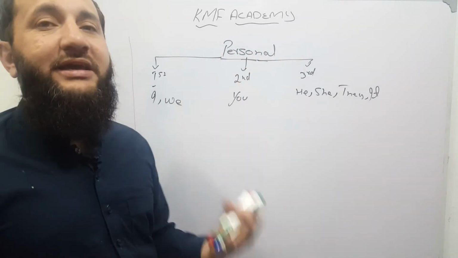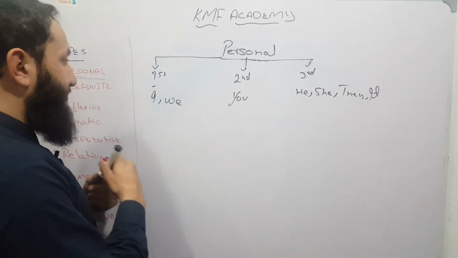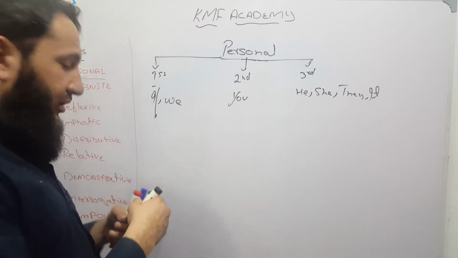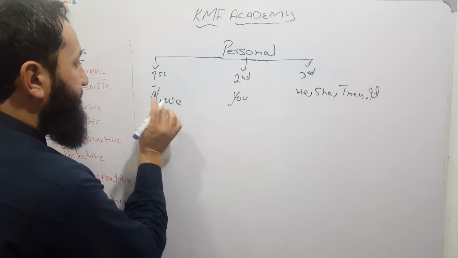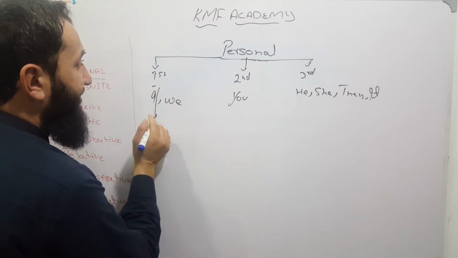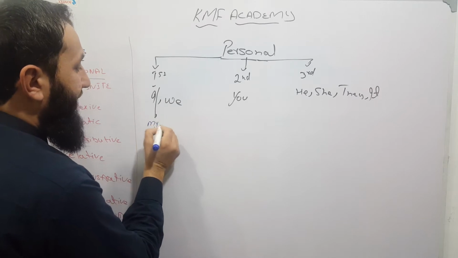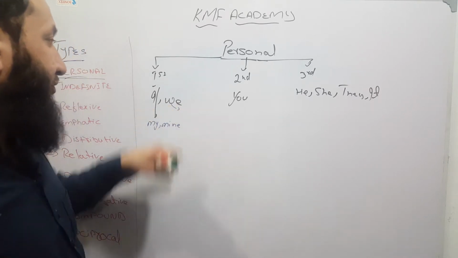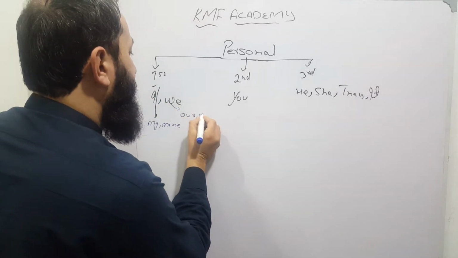It has many cases, like possessive cases. We have already discussed these cases, but it's just a repetition. The possessive case of the first person I is my and mine, and for we it is our or ours.